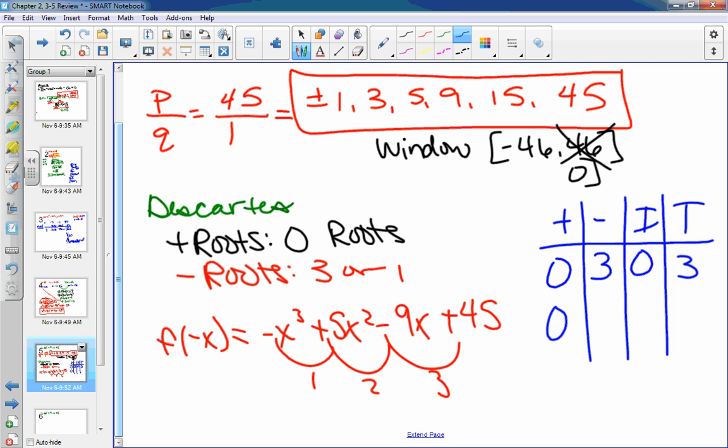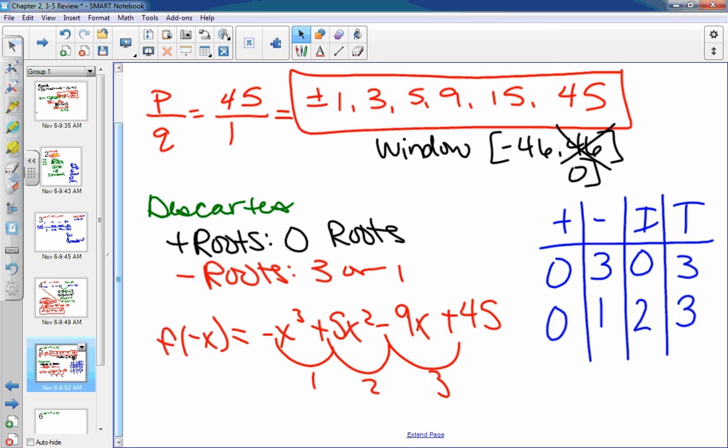Okay, I still have 0 positive roots, but now I compare it with what number? 1, and that gives me a grand total of 3 that I have to give me how many left to be imaginary. Can I have an odd number of imaginary roots? No. So this column for imaginary has got to be what? Even numbers, or 0. Do we get that?